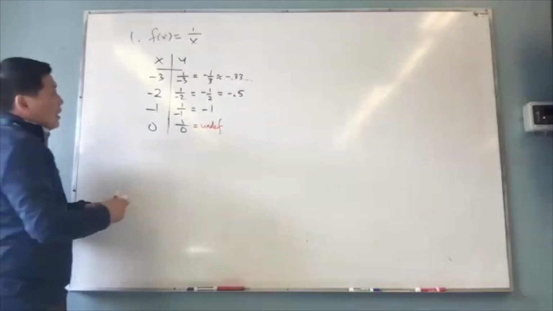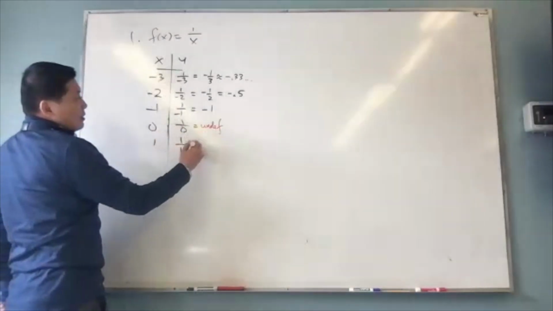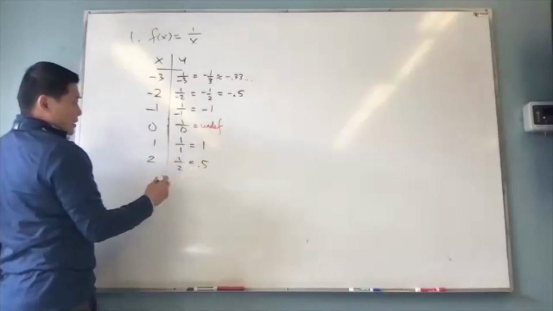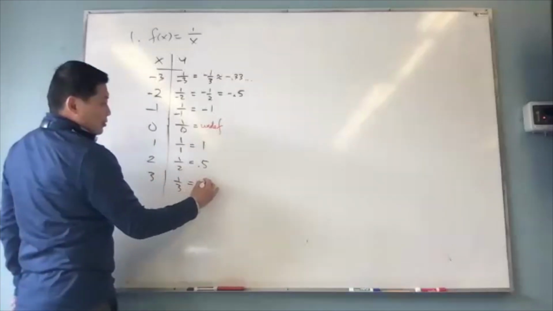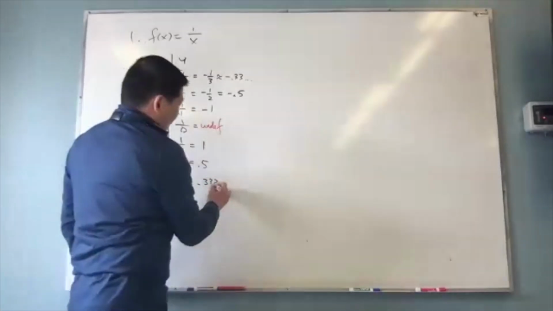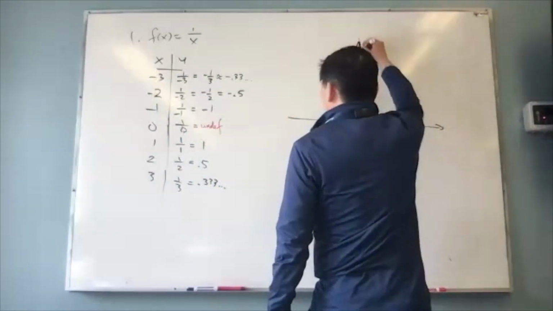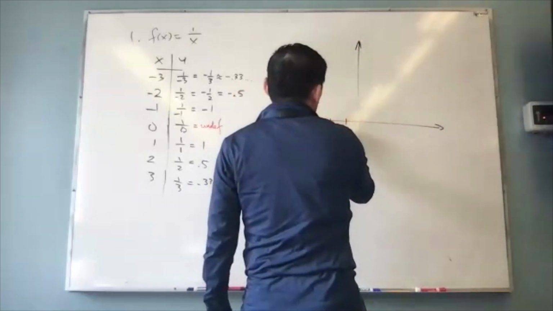Okay, and then 1. You put 1 here, you get 1 over 1, which is 1. You put 2 here, 1 over 2 equals 0.5. You put 3 here, you get 1 over 3, which is 0.333, right? And then on the graph, you can start out with -3, -2, -1, 1, 2, 3.